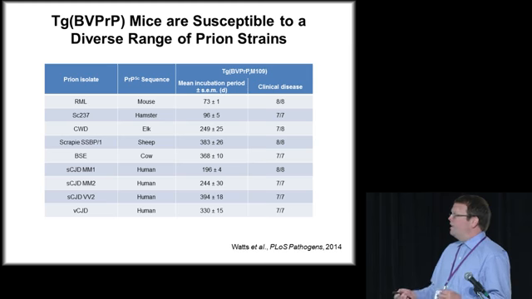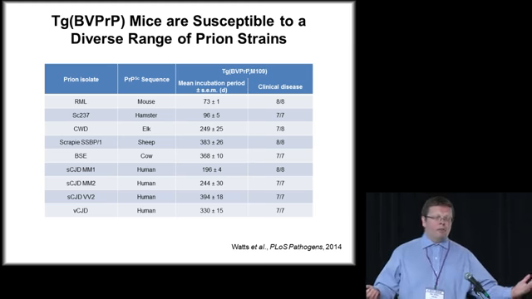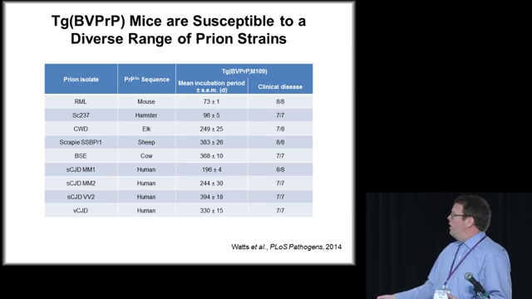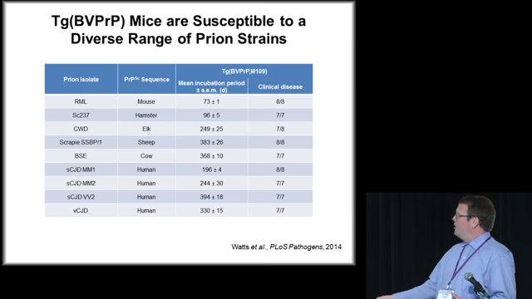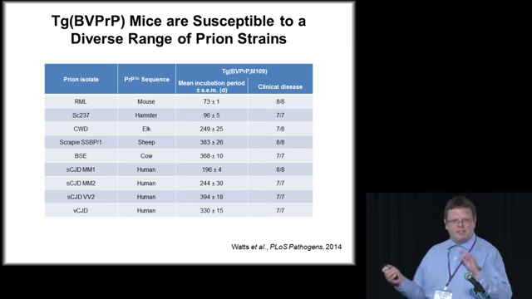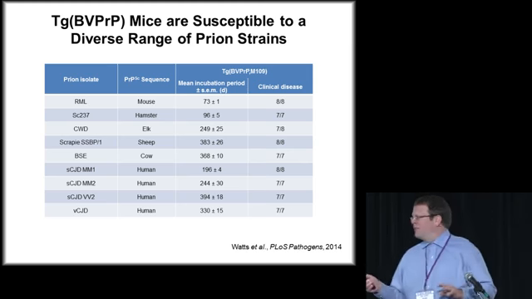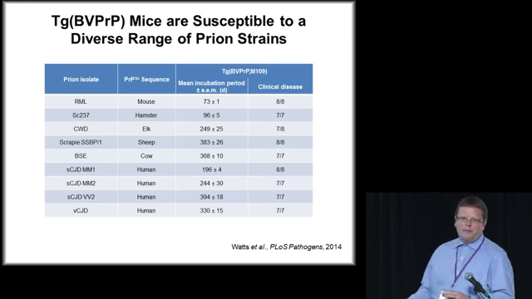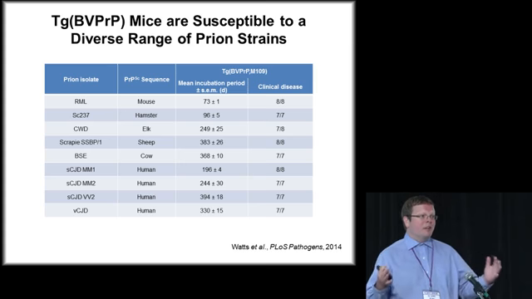We found that they basically behave exactly like a bank vole. Essentially 100% of the mice that we inoculated developed disease, and the incubation periods were relatively short. You have to take relatively short with a grain of salt, because obviously 394 days takes a long time, but in the prion disease field, that can sometimes be considered relatively short.